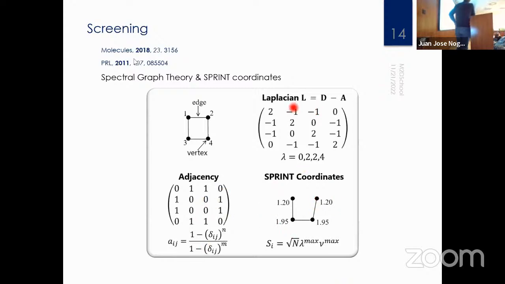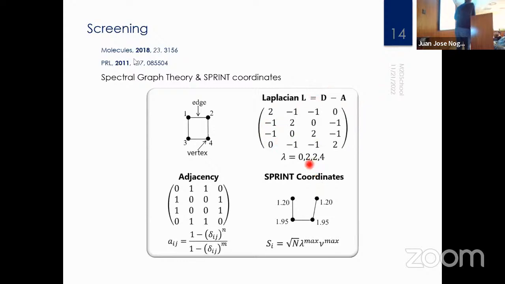And then to distinguish fragments from intact molecules, we use the Laplacian. The Laplacian is defined as the degree matrix minus the adjacency matrix. The degree matrix is diagonal, and the degree is just the number of neighbors of each node. Here we have 2's because each node in this graph has 2 neighbors. This is what the matrix looks like.